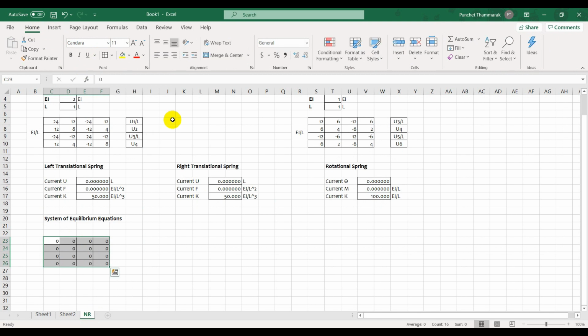Zero it out. The number is going to be small.